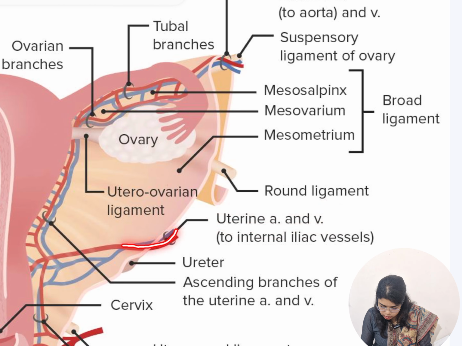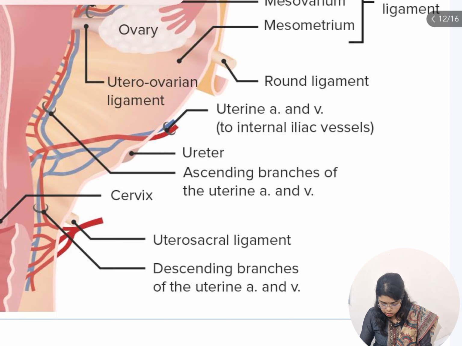See where the uterine artery is present. It gives two branches. The upper branch goes towards the uterus and ovary to make anastomosis with the ovarian artery, and it gives another branch to the cervix.